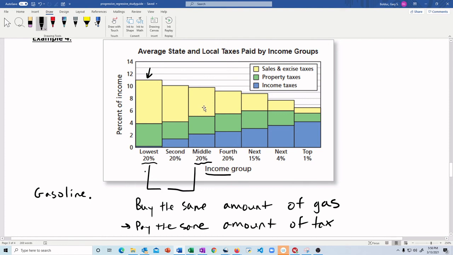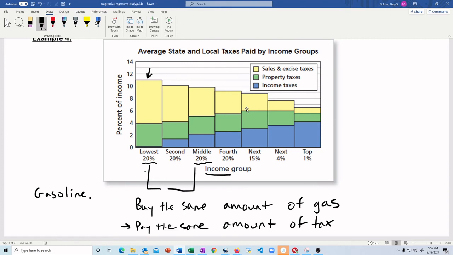It's lower, so because they didn't use as much as a percentage, they have it to spend on other things. Now, that's regressive, because as you get higher here, with more and more money, you're paying, as these boxes get smaller, a smaller percent of your income. All right? So that's gasoline as an example for you.